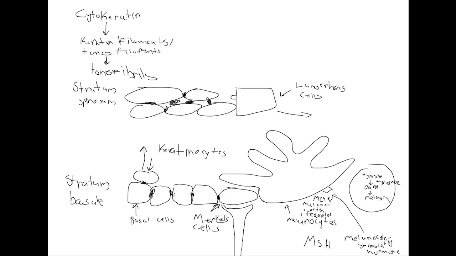In the stratum spinosum, these keratin filaments, or tonofilaments, will begin bundling together to form tonofibrils. These tonofibrils will help anchor these desmosomes. And Langerhans cells are basically immune cells, and we didn't go too in depth into them this video because they're part of the immune system.